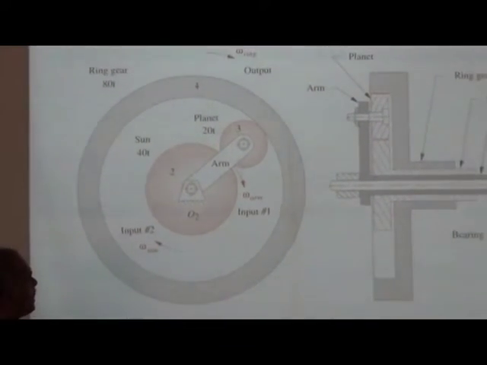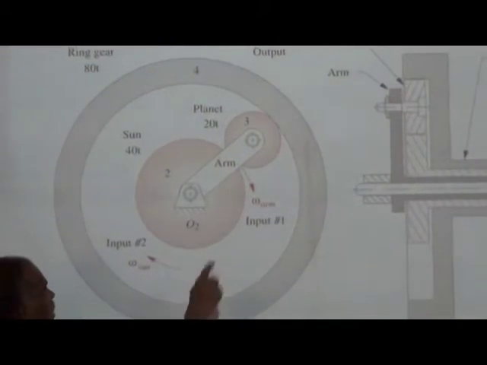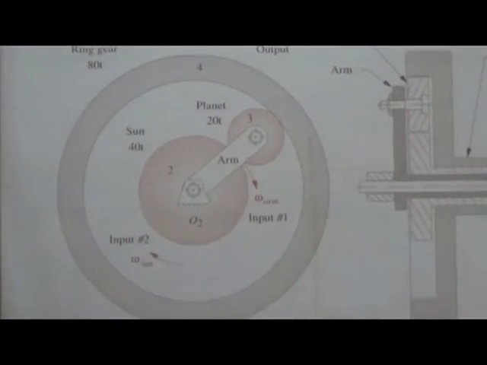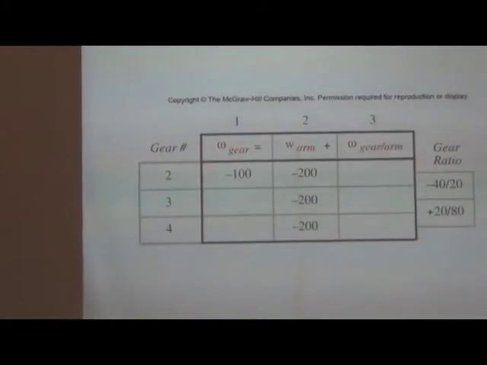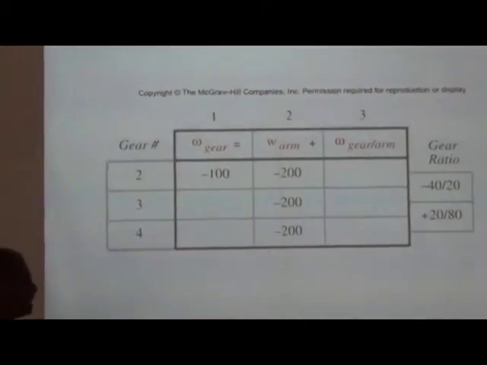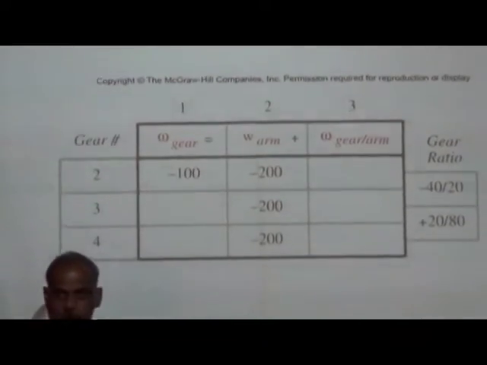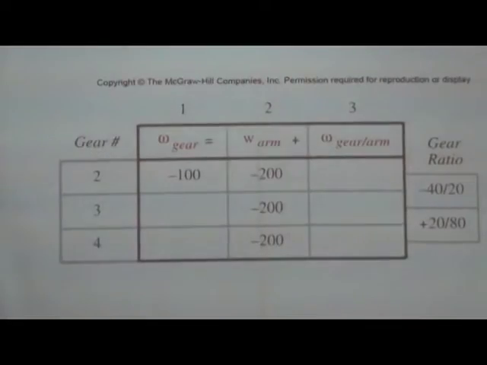So the gear ratio will be 20, that is the input gear, divided by the output, 80. 20 by 80, that is the ratio. You have a plus sign here because it is an internal gear. So direction is not changed. That's why you have a plus sign.